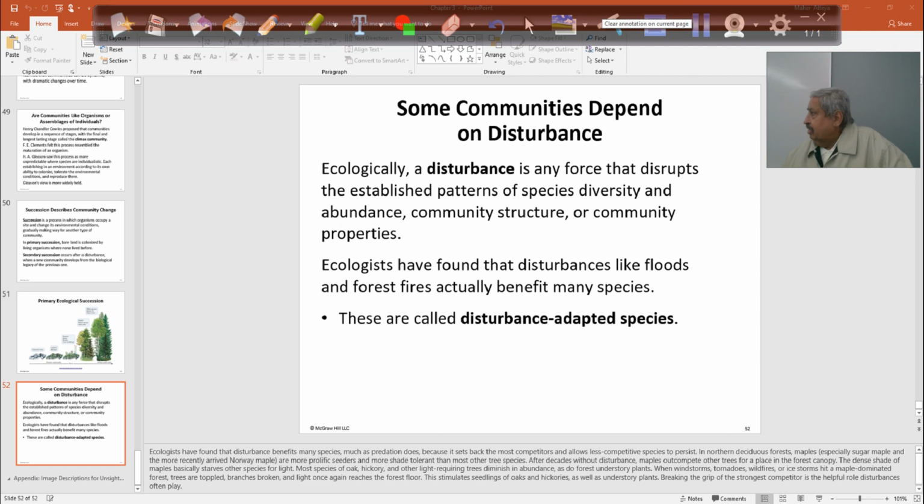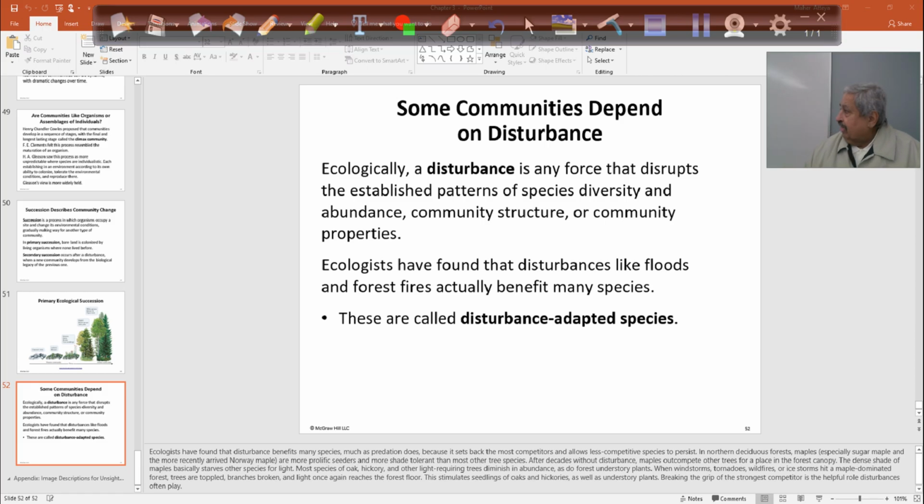Two major ones are flooding, which is very good for those species, and earthquakes, and maybe massive hurricanes or wind turbulence. Those are types of mishaps or disturbance. They really benefit some other species that are in a very limited-resource situation. So disturbance is any force that disrupts the established patterns of species diversity and abundance, community structure, or community properties.